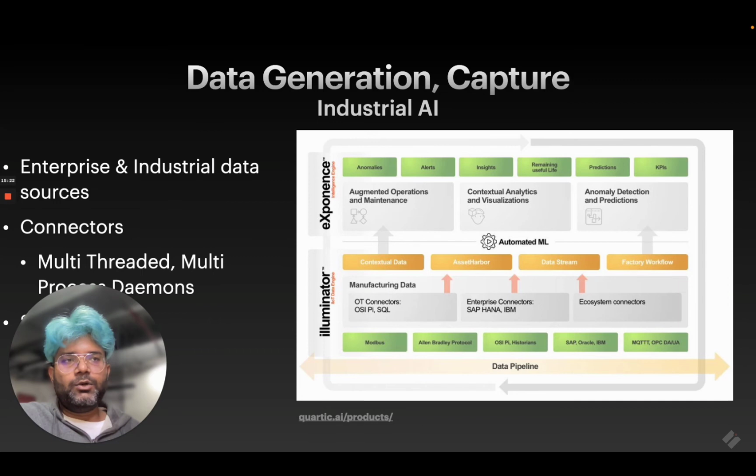On the lower right hand side, we see other connectors, for example SAP, Oracle, IBM. These are the kind of connectors that hold your enterprise data. For example, how is your workload looking for the rest of the week, or what are the consumer complaints that you have received for a particular product.